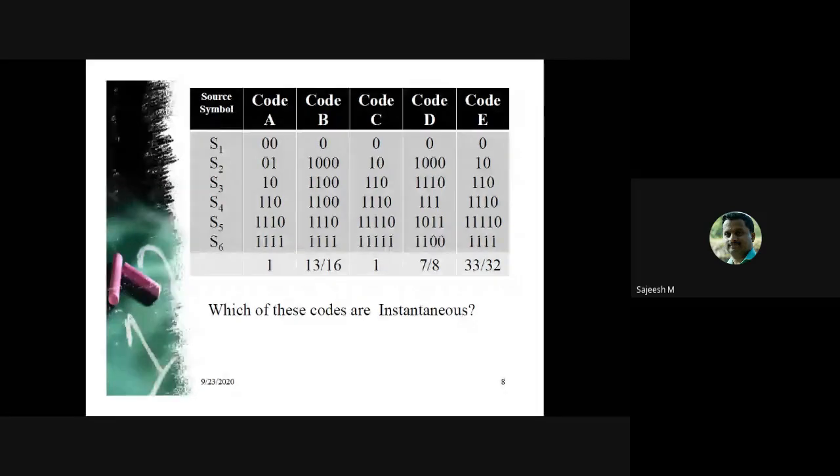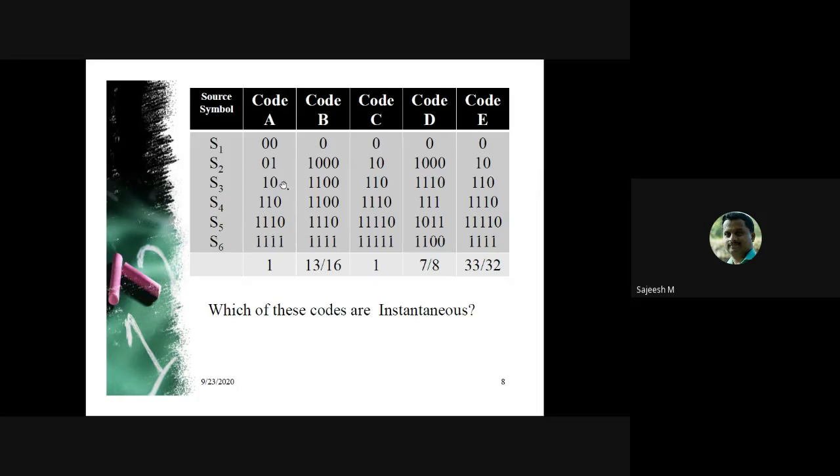Six symbols or messages are coming out of an information source, and they are represented by 5 different codes: code A, code B, code C, code D, and code E. In the first case, 00 is the code word corresponding to S1, 01 to S2, 10 to S3, and the length of the code word lk is 2 for the first three. For S4 the code word length is 3, L5 is 4, and L6 is 5.